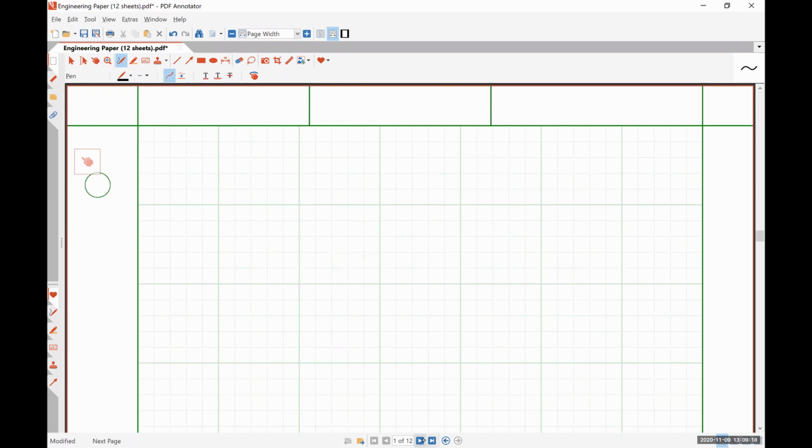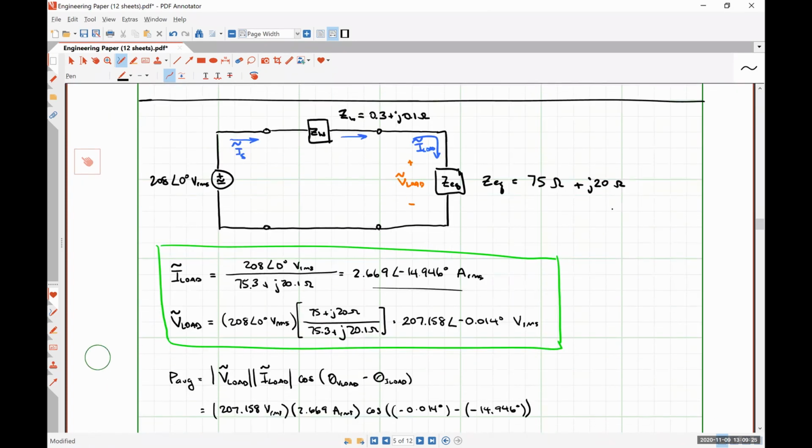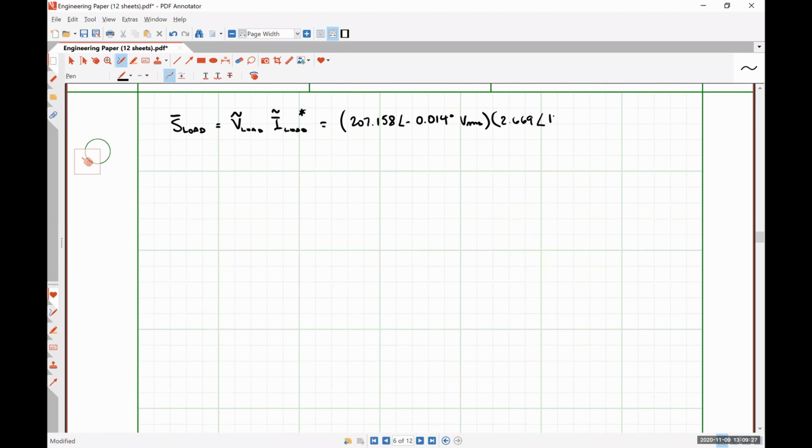So if we had negative 14.946, we have now positive 14.946 degrees. And this would be amps, RMS. So somebody do this math and then tell me what answer they get.